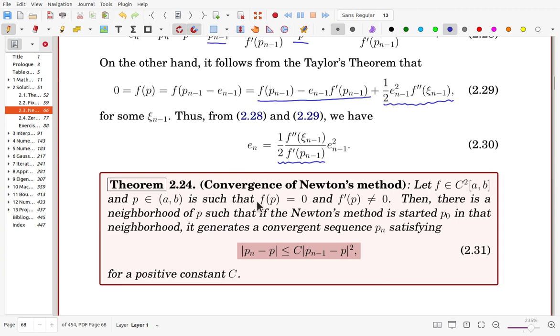So along with the required assumptions, we prove that it converges quadratically. That is, when we consider the definition of convergence, we consider this as quadratic convergence, right? So once the error becomes small, then the error goes to 0 very rapidly.